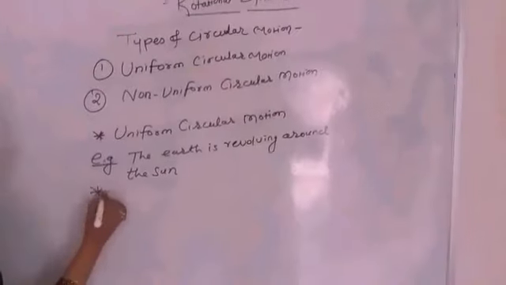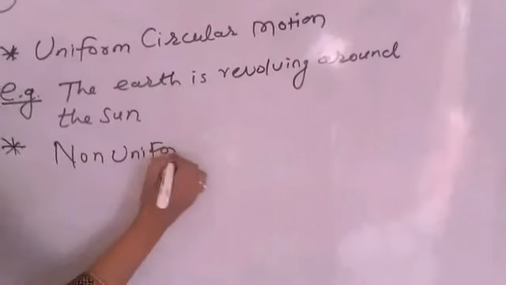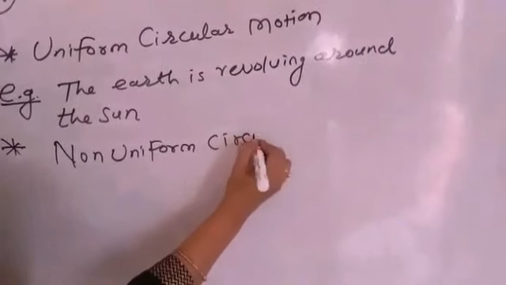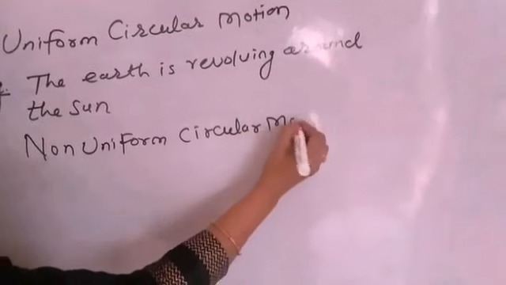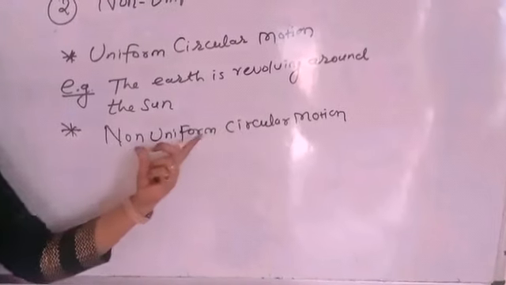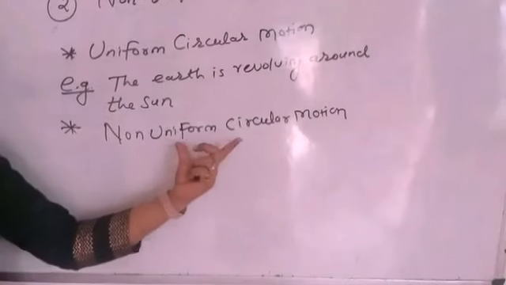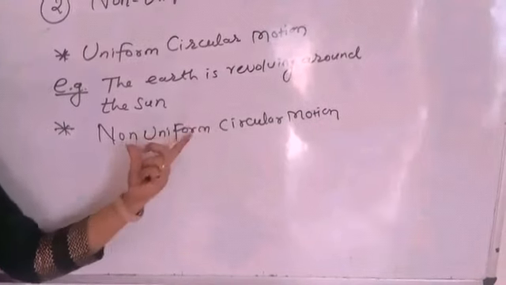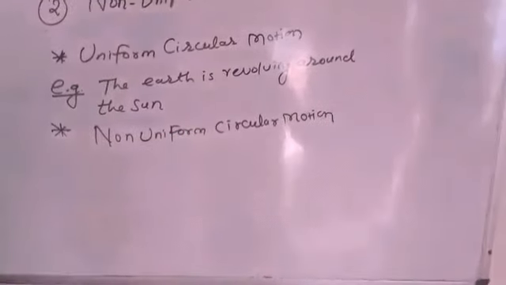Now, what is non-uniform circular motion? In non-uniform circular motion, when the particle is moving, its speed changes. That is called as the non-uniform circular motion.